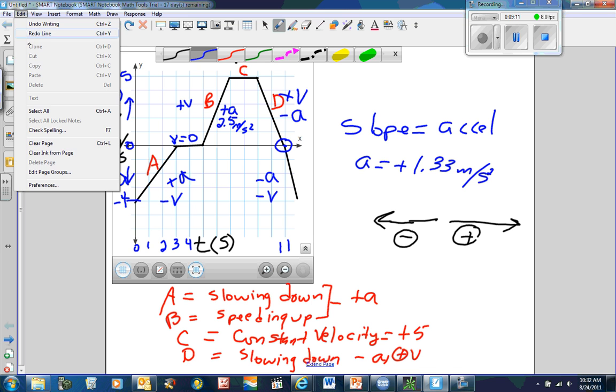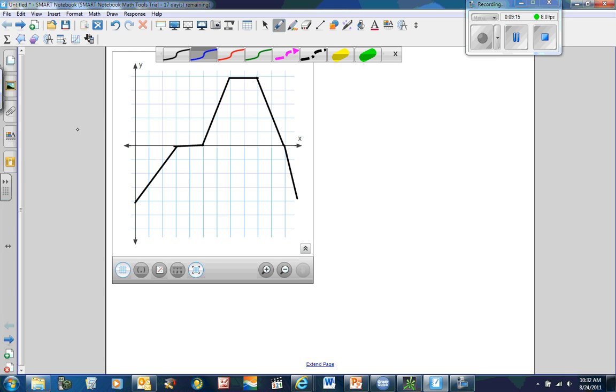I'm going to real quick clear the ink from the page, and I'm going to real quick show you area under the curve. Now, again, if this is -4 and this is +5 and this is 0 to 11 seconds, then we can also find an area under the curve.